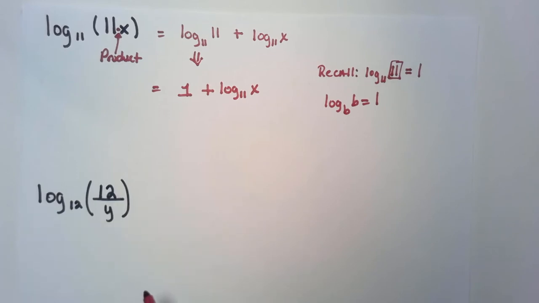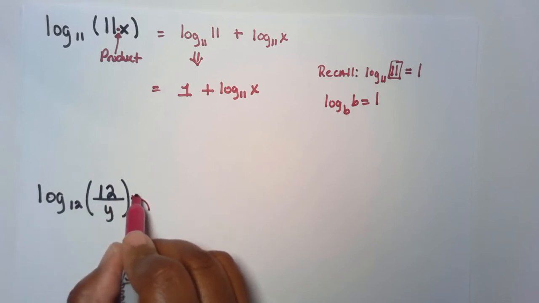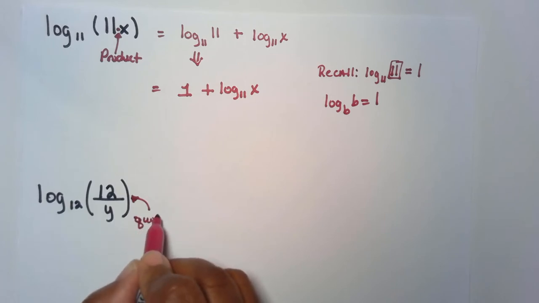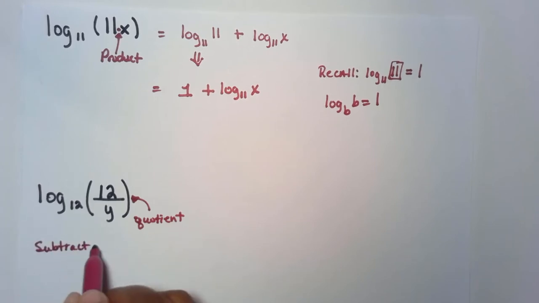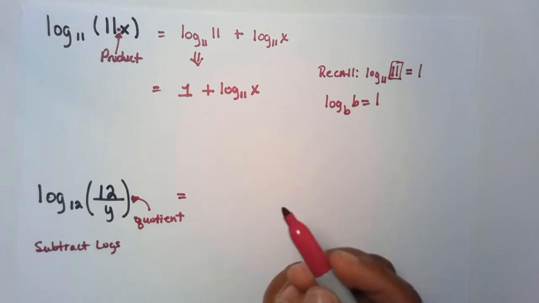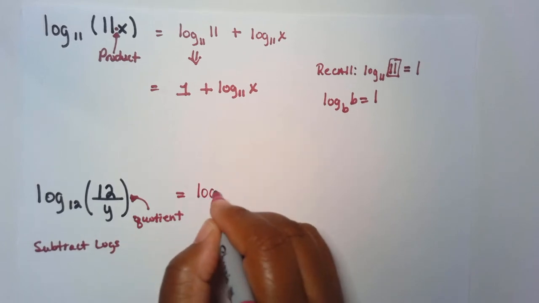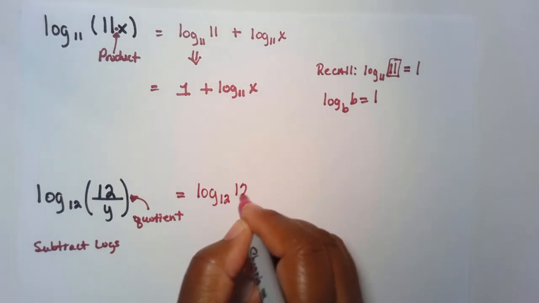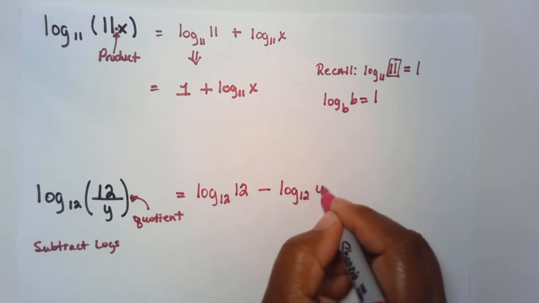Now the next one here, log base 12 of 12 over y. So this is division. This is a quotient, meaning we're going to subtract the logs. So let's go ahead and write this out with the subtraction between the two logs. So we have here log base 12 of 12 minus log base 12 of y.